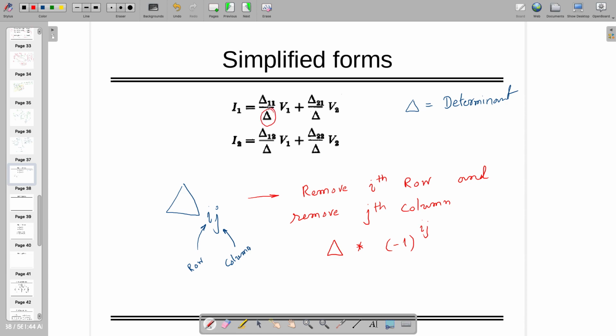If you have an impedance matrix, you can find delta without any difficulty. The difficulty is delta 1 1, delta 2 1, delta 1 2, or delta 2 2, because those are the matrices which are changing, and you need to find them by delta ij, where you remove the ith row and the jth column.